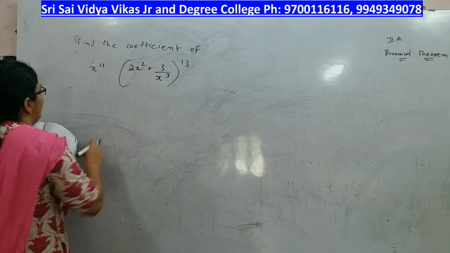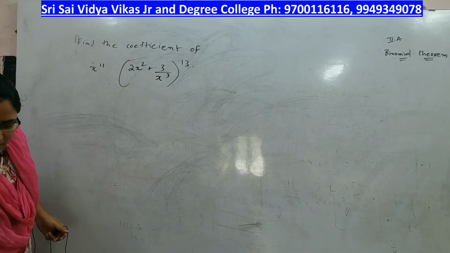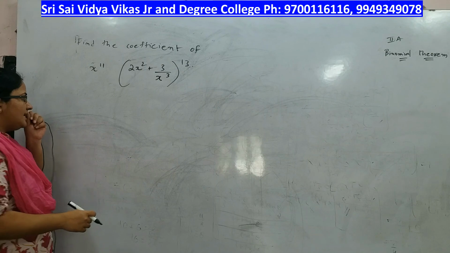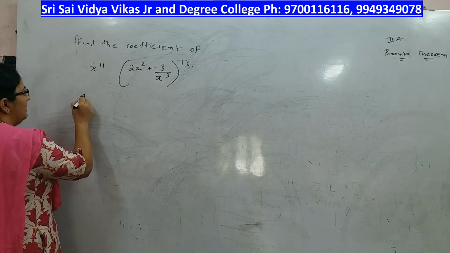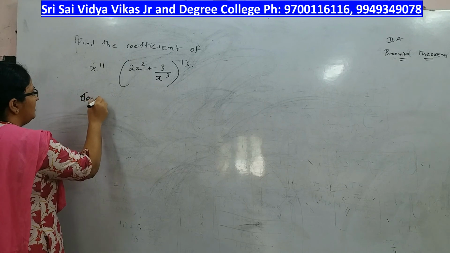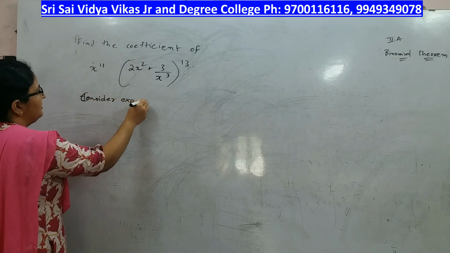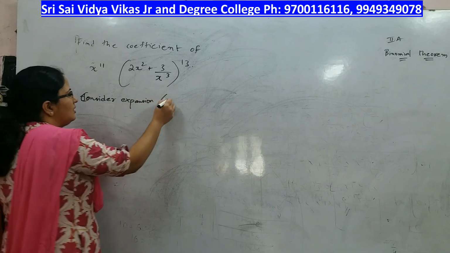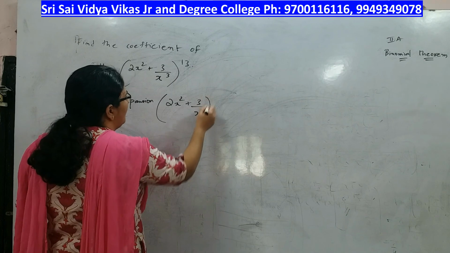We have to find the coefficient of x power 11 here. So what to do? Let us consider the general term first. Consider the expansion (2x square plus 3 by x cube) whole power 13.